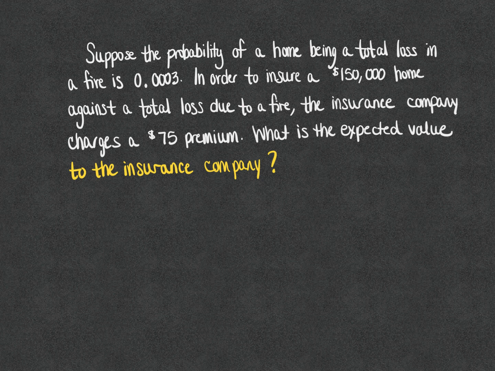So if the probability of having a total loss in a fire is 0.0003, and we want to insure a $150,000 home against a total loss due to a fire, the insurance company has decided to charge a $75 premium or a fee. That's what you would pay for insurance.